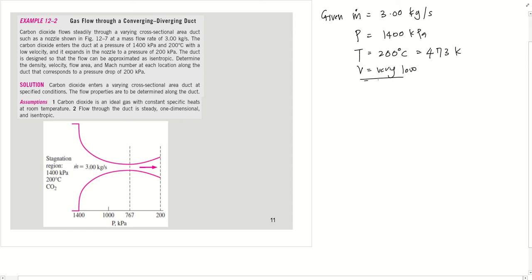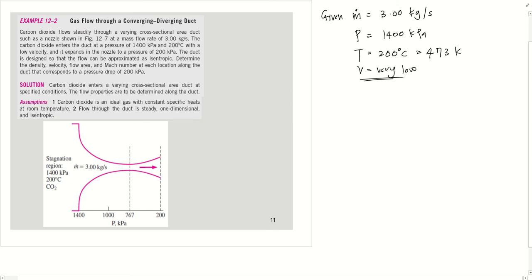This is important because, in order to find the stagnation temperature, when the velocity is very low, it means that the stagnation temperature is considered equal to the static temperature.